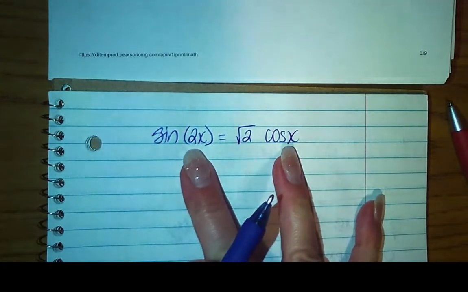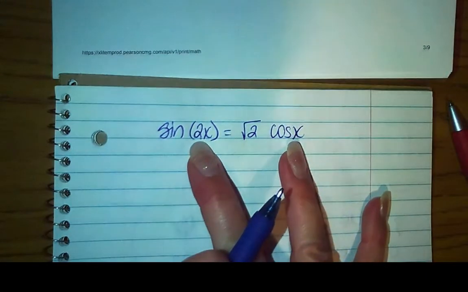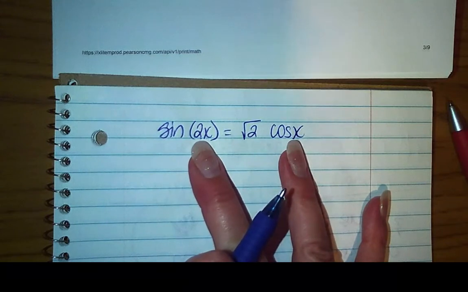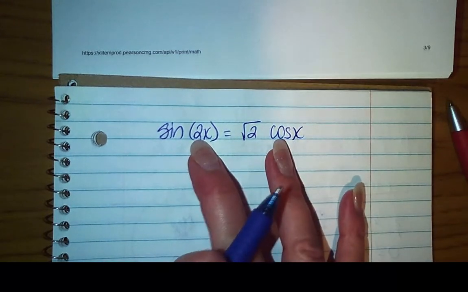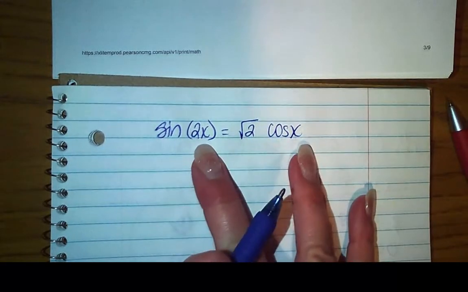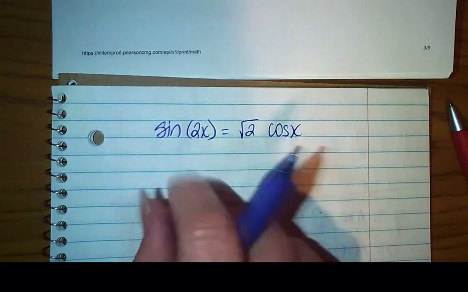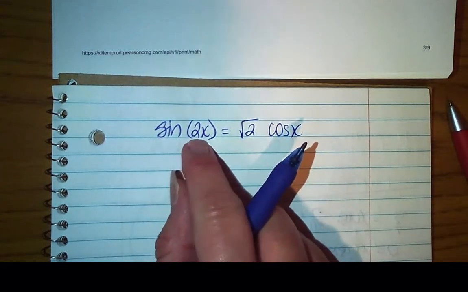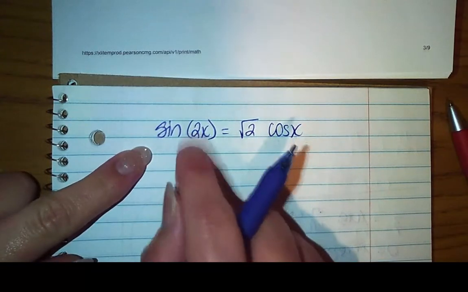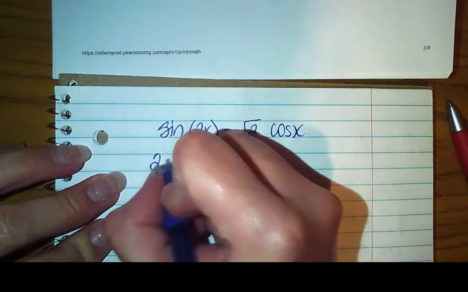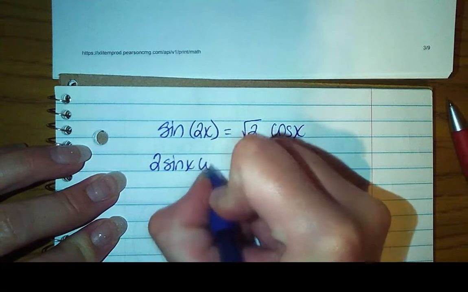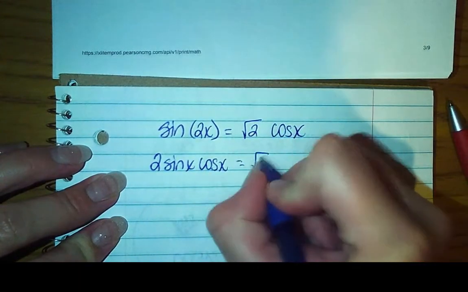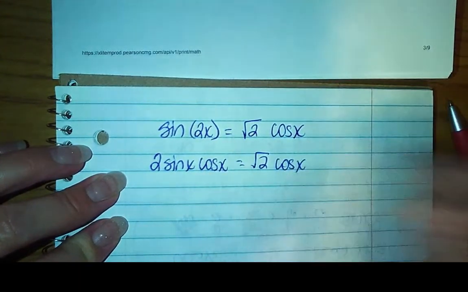First off, I notice that my arguments don't match. So I want to see if I can somehow morph this into having the same argument, because that's going to help me out. I do know this is a double angle. So if you go back to your double angle identities, I can rewrite this as 2 sine x times cosine x equals root 2 cosine x.